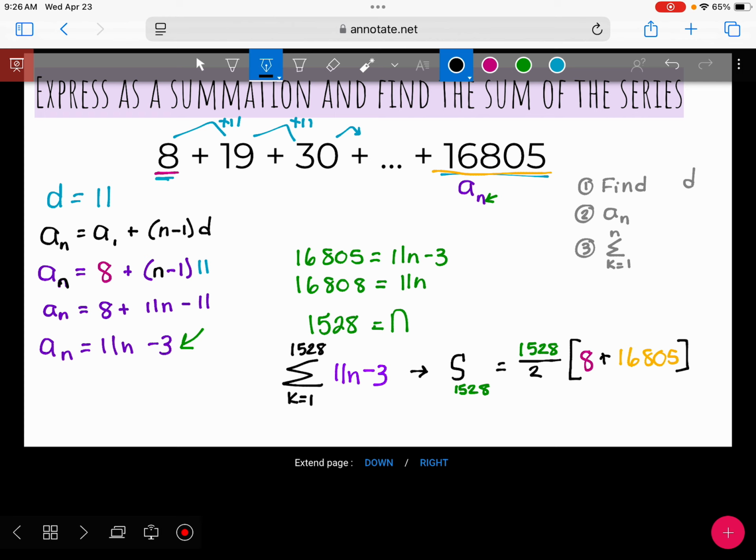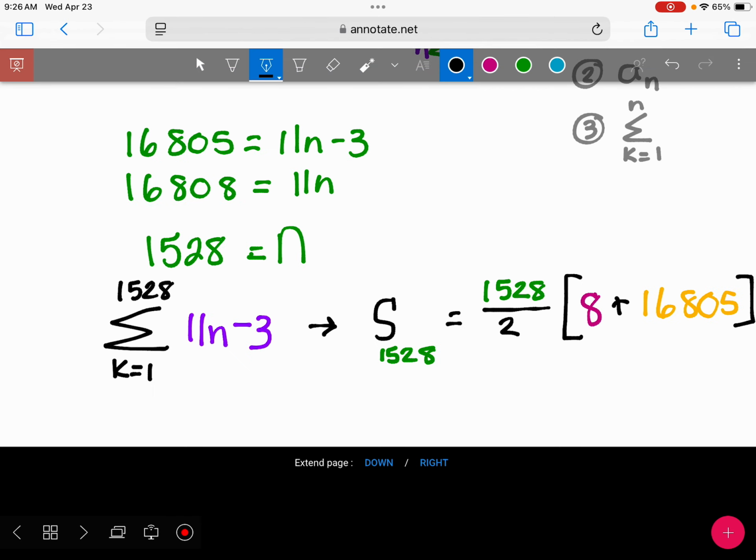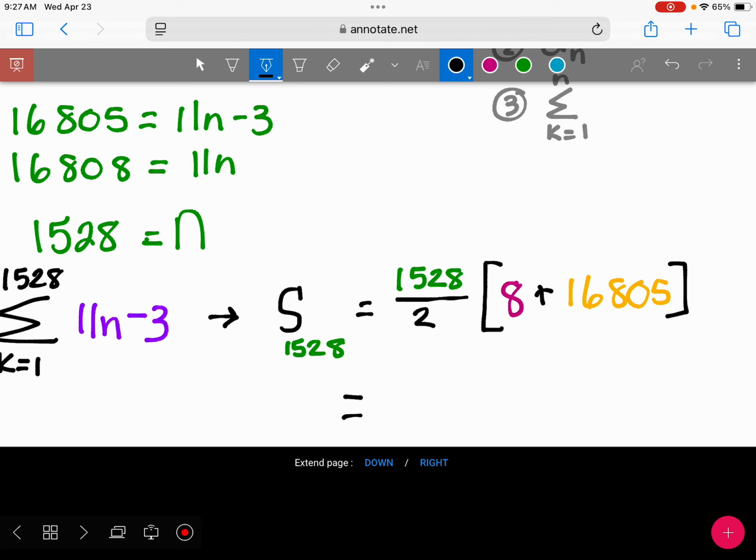So find it. What is our sum going to be? Big number. That is going to be 12,845,132. We do not want to add those all up individually.